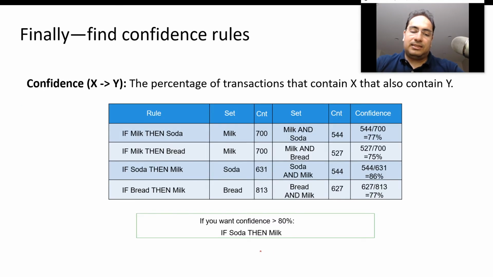So we calculate their confidence, and remember what confidence was. The confidence of X then Y is the percentage of transactions that contain X that also contain Y.